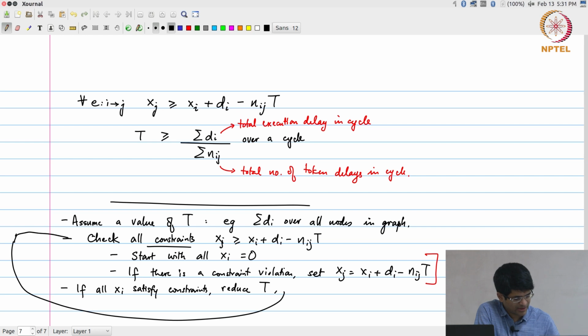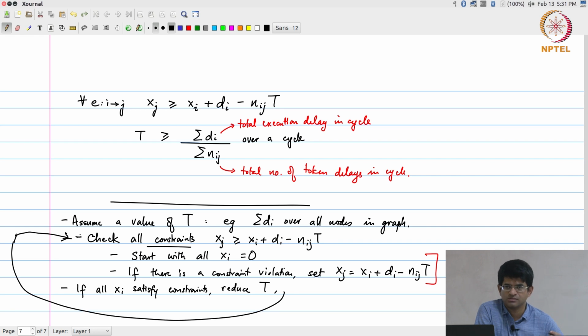That is to say, go back to checking the constraints and running this. Okay. So, by sort of iteratively going on reducing this value of t, I can eventually arrive at the smallest value of t for which it is possible to find suitable values of xi, right.